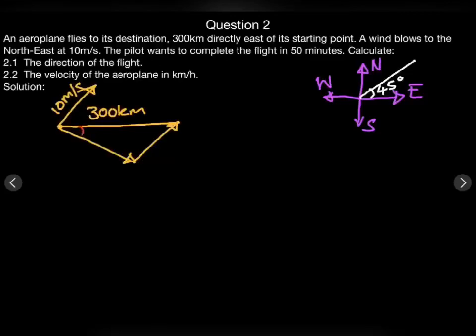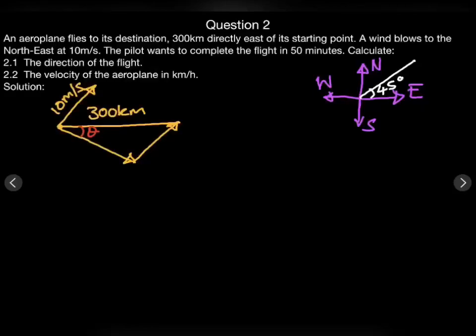Let's now show the angle for the direction of the plane. Let's say the angle is theta. So we are using theta to represent the direction of the flight.